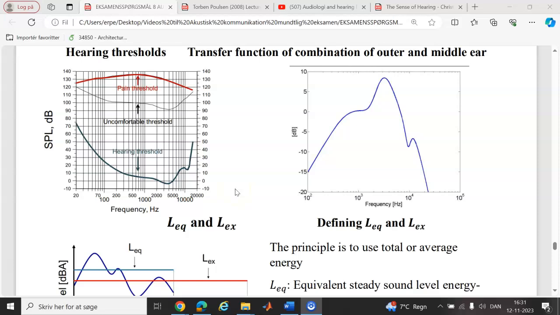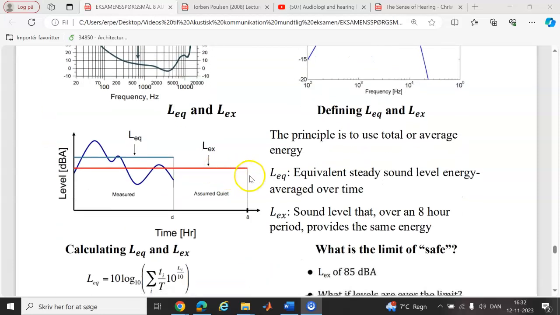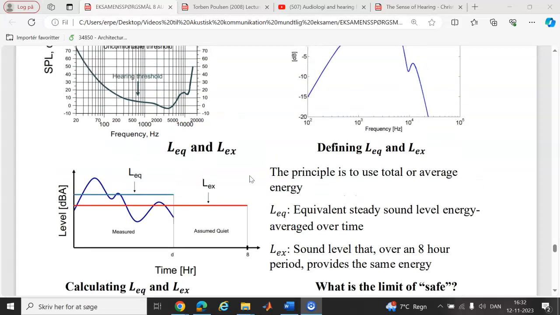Hearing threshold. Transfer function of the combination of outer and middle ear. There is a frequency dependence, in dB, of the outer and middle ear, and it goes up to about 10 dB. We have what's called sound pressure levels: LEQ and LEX.